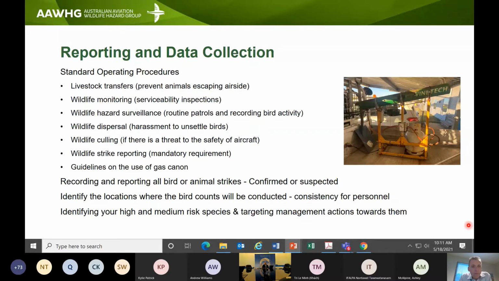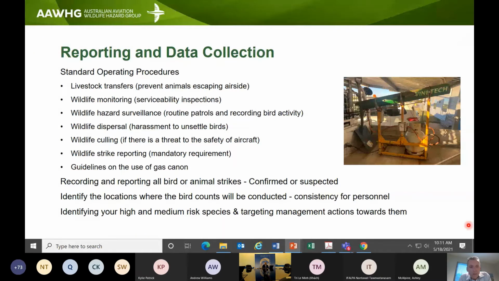And the next one is on identifying your high and medium risk species and targeting management actions towards them. So that's quite important, because if you don't really target those high and medium risk species, they potentially are the ones that cause most of the damage to aircraft.